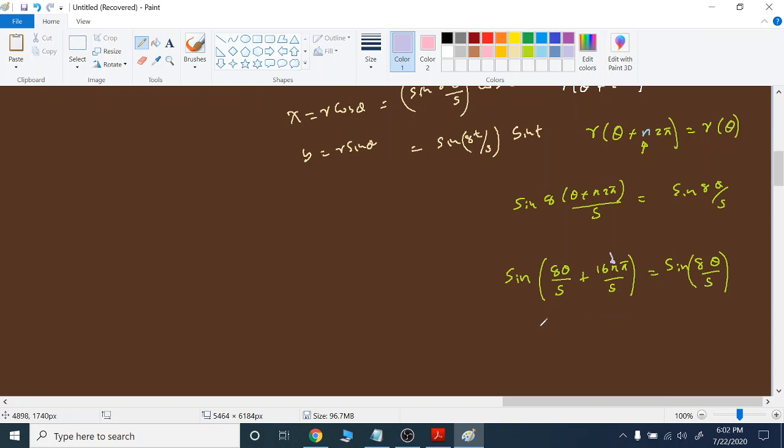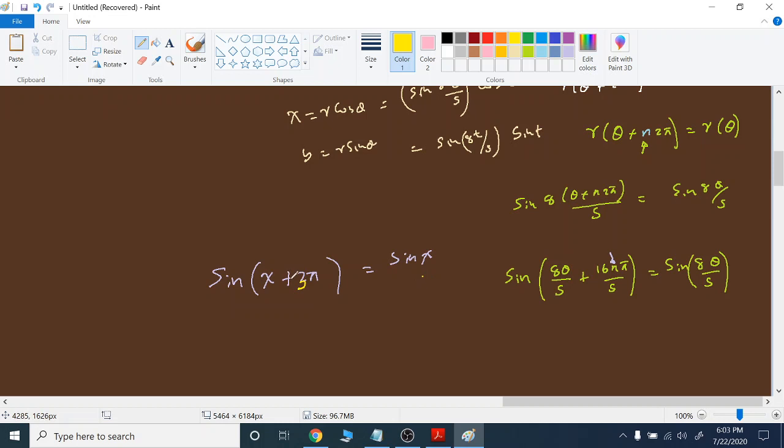For the sine trigonometric function, if we have a certain angle and add 2 pi, you will get the same value, right? If you add 2 pi, you will get the same thing. But if you add 3 pi, you will not.